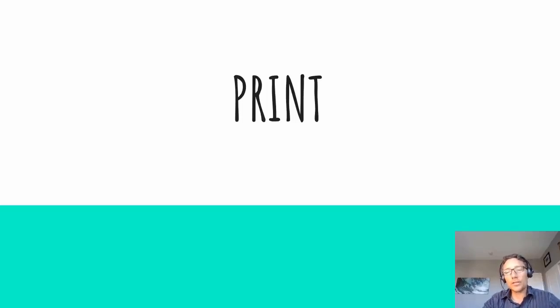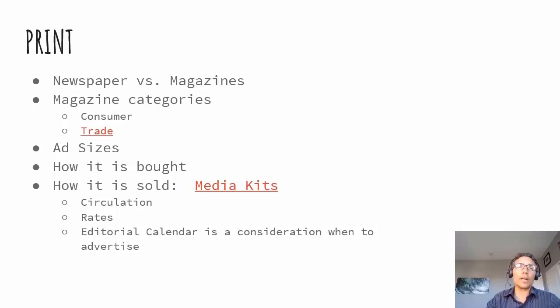And print is sold not on rating points, but based on cost per thousand and circulation. So we'll get to that in a minute. So print, we're talking about newspapers and magazines. And the way that print is sold is that you contact or go to the website of the print organization.